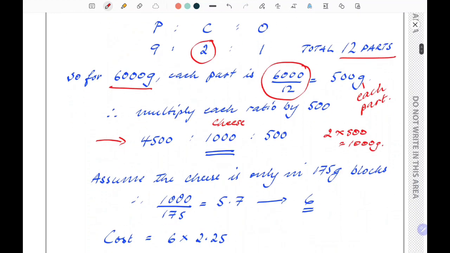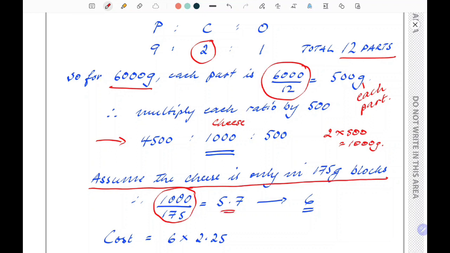All right. Now, one thing we have to do is to assume that the cheese is sold in 175 gram blocks. All right. Not loose per gram or etc. So if we make that assumption, and it's better to write that into the answer itself, then for 1,000 grams divided by 175, we're going to need 5.7 packets or blocks, whatever the case may be, and therefore it's 6.